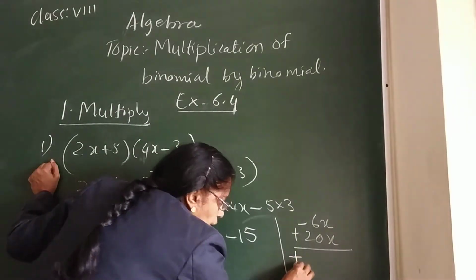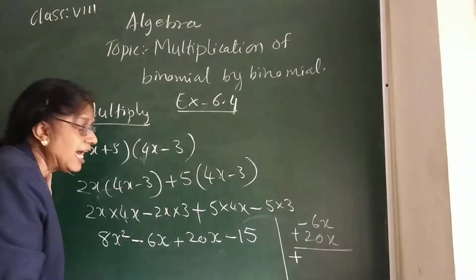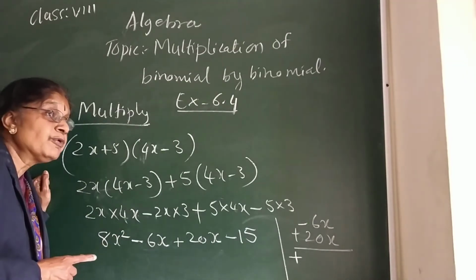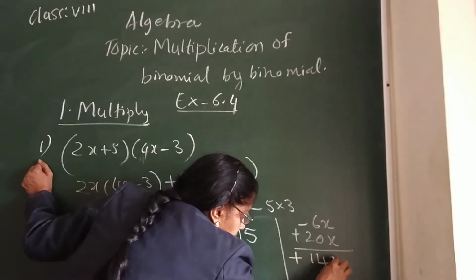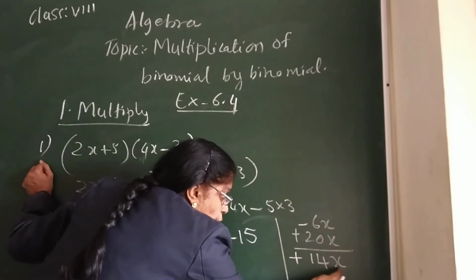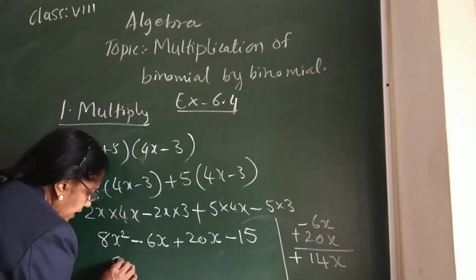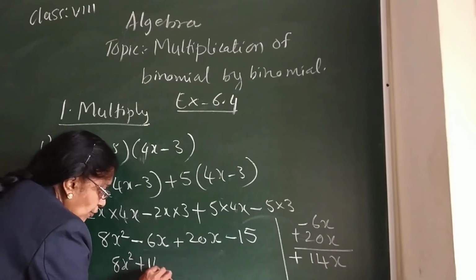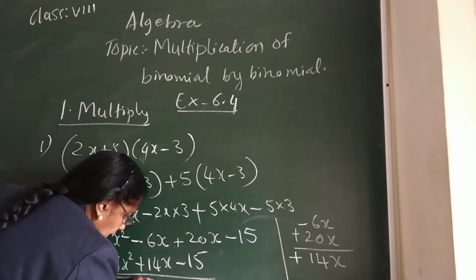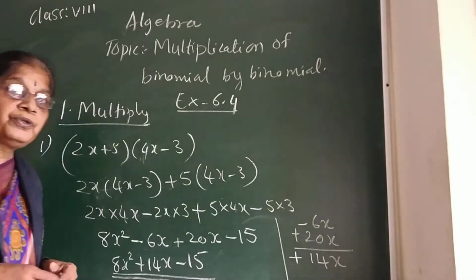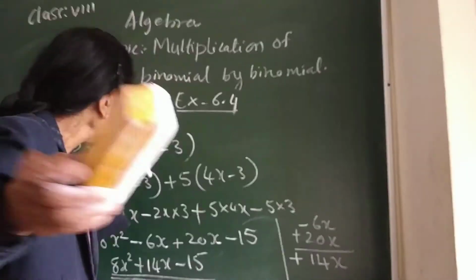So the answer will also be plus. From 20 I have to subtract 6. 20 minus 6 is 14. So I got plus 14x. So 8x square will remain as it is, plus 14x, and minus 15 will remain as it is. This is your answer. So you came to know how to do it. This is how we have to do the sum.